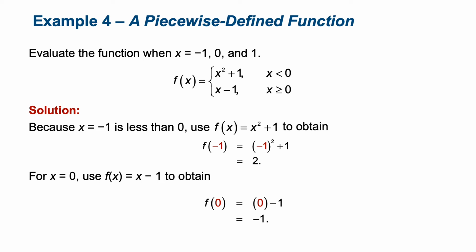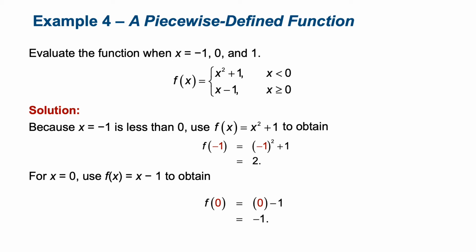So for every value of x less than 0, you define this function using the rule x squared plus 1. For all values of x greater than or equal to 0, we define f of x by the expression x minus 1. See how the rules changed a little bit? So it's going to have a funky graph.